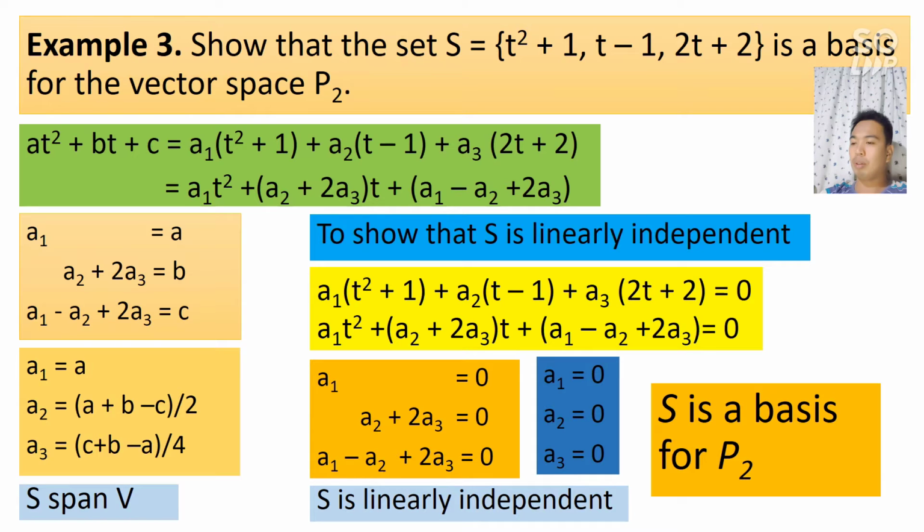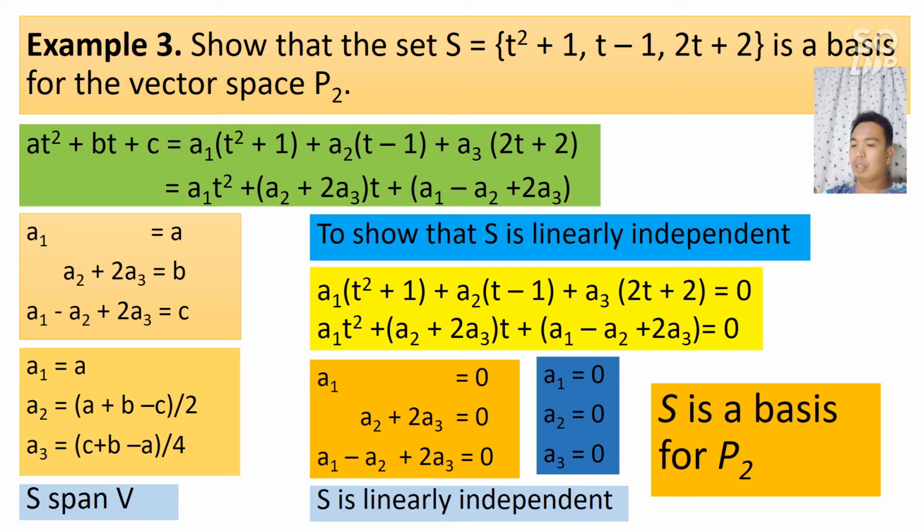So we can denote that a1 is equal to a, a2 plus 2a3 is equal to b, and a1 minus a2 plus 2a3 is equal to c. So we can have the following values: a2 is equal to (a plus b minus c) over 2, and a3 is equal to (c plus b minus a) over 4. So S spans P2.